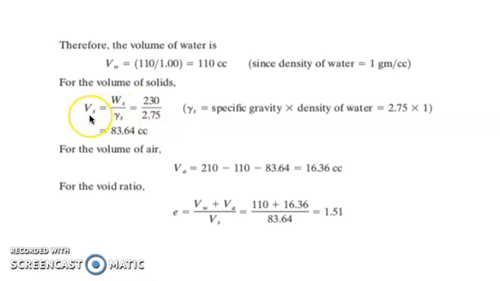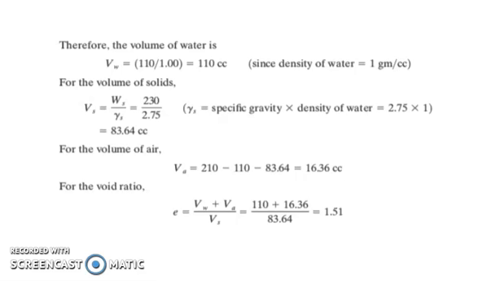Therefore, the volume of solid will be 230 over 2.75, which is equivalent to 83.64 cubic centimeters.